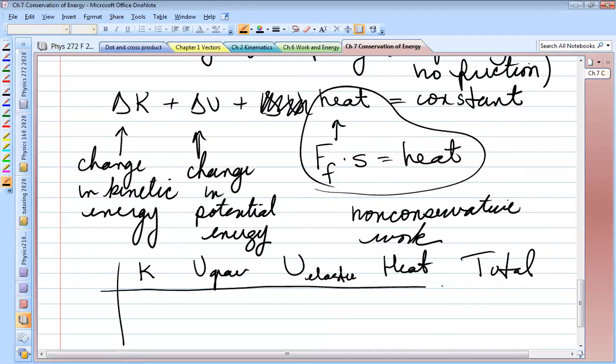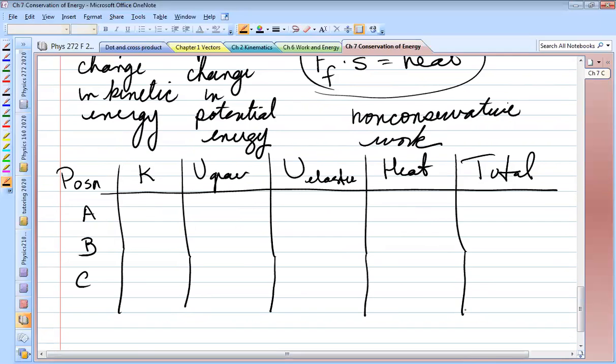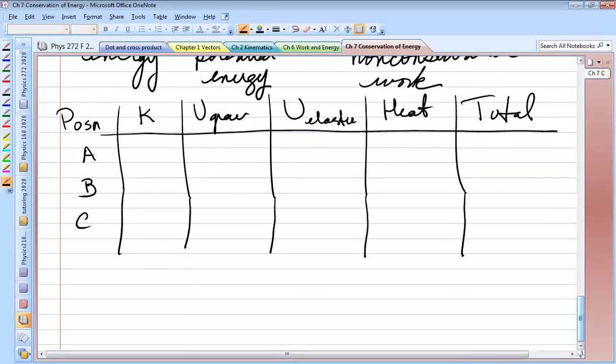And these quantities are put into a table. And then what you do is you go with the position. So it might be position A, position B, position C. So say you jump off a cliff, you're bungee jumping, you're going up and down, you're at different positions. You send something down a roller coaster, and as you roll along, you have different positions.